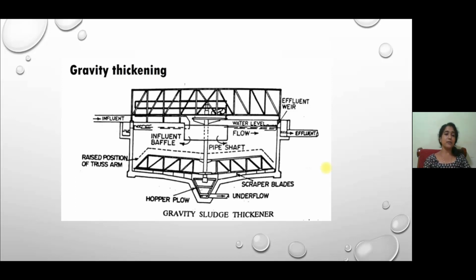You can see the influent coming from one side, and the supernatant liquid is collected from the effluent side, and a scraper is provided at the bottom of the tank to scrape off the thickened sludge. There are two types, that is continuous flow type and fill and draw type. Through the scraper arrangement, all the settled sludge from the bottom of the tank can be collected and transported to further treatment. This is the gravity thickening method.